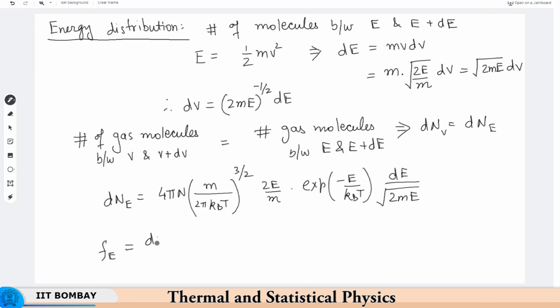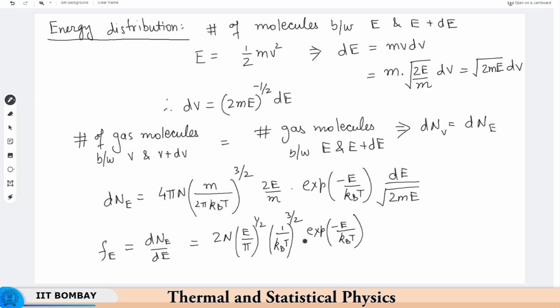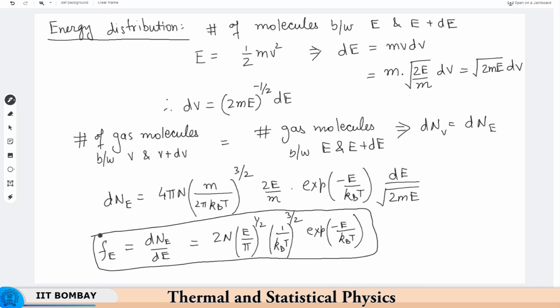So this becomes dN_E by dE, and this is basically equal to 2n times square root of E by pi, times 1 by kBT raised to the power 3 by 2, times exponential of minus E by kBT. And this is basically the energy distribution that we wanted to calculate.